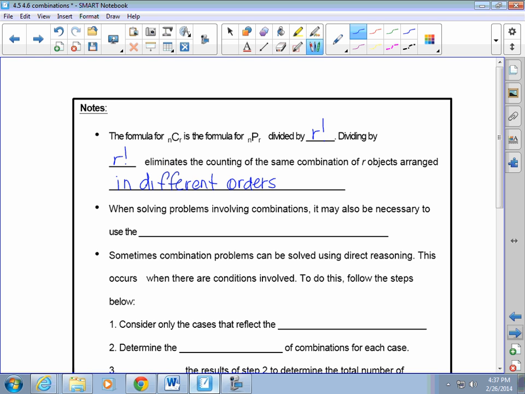When solving problems involving combinations, it may also be necessary to use the fundamental counting principle. So for cases like the social insurance number, where they'll ask you what different combinations of numbers you can have, well, that's a choosing thing.